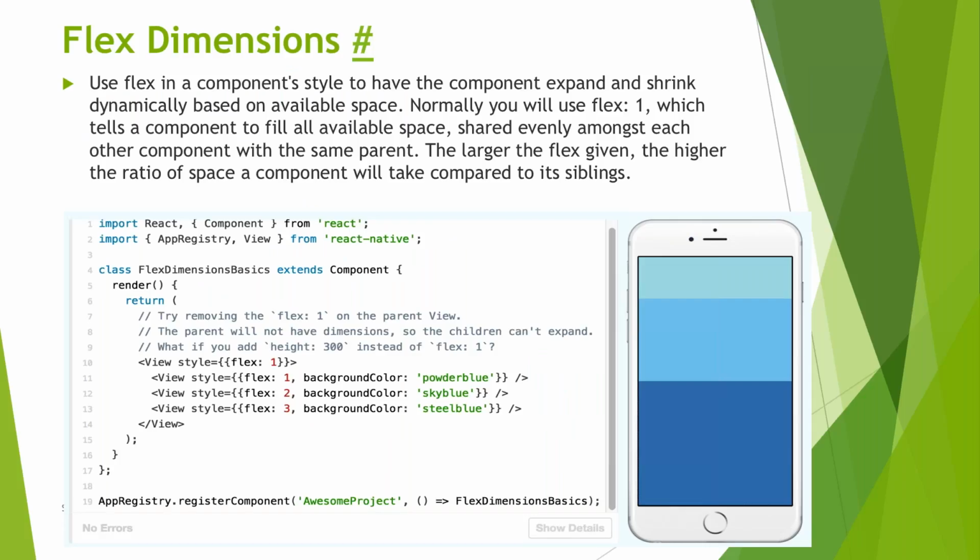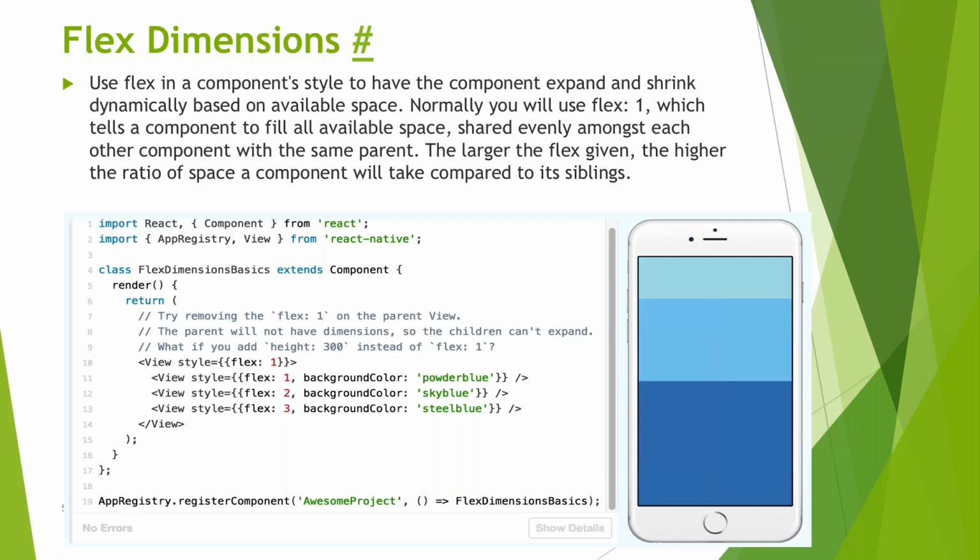If you see this example, flex is basically defining the entire width and height of a view, or the width and height of the parent, and based on that creating a layout inside it.